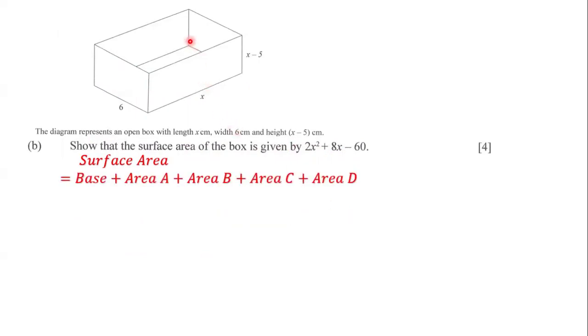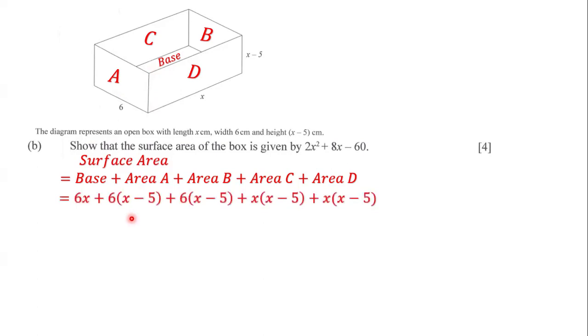We need to take the area of the base, and we're going to take the area of this side, area A, and we're going to add that with the area of B, this side. We're going to add it with the area of C, this side, and the area of D. So basically, in order for us to find the surface area, we find the area of all the sides and then we add them up.